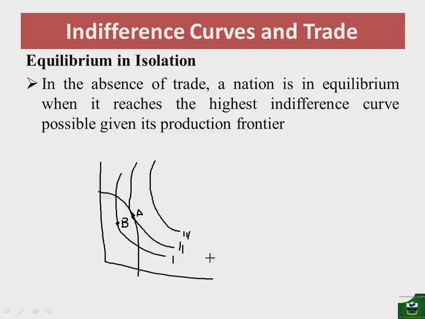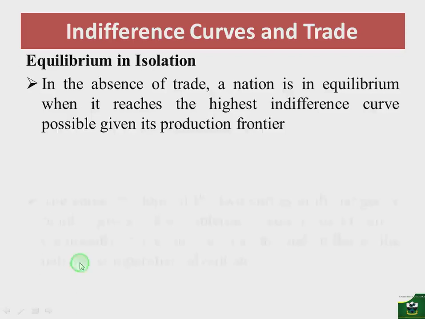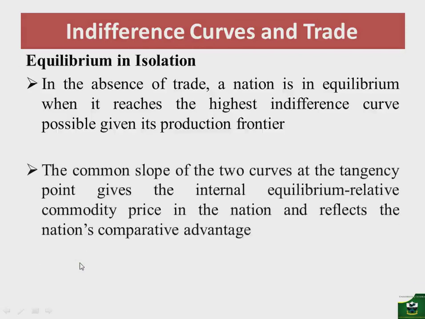In the same way, the nation will have to increase their resources for it to be able to produce on indifference curve 4. Therefore, the only point of equilibrium is point A. So, the common slope of the two curves at the tangency point gives the internal equilibrium relative commodity price in the nation and reflects the nation's comparative advantage.